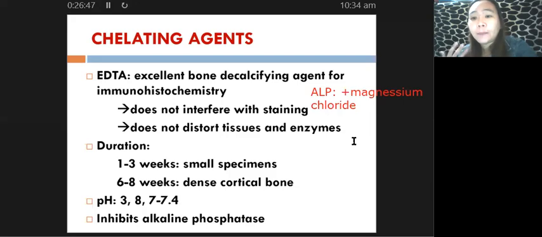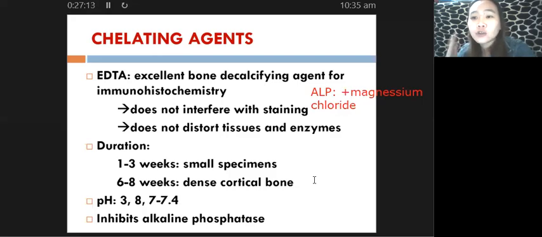Okay? The problem with your EDTA is that it would require a long duration for the decalcification process to be complete. Okay, so in particular, for small specimens, it would require 1 to 3 weeks of decalcification.